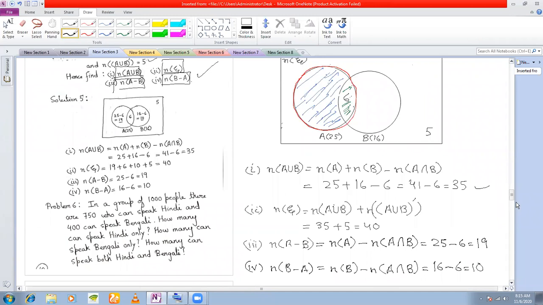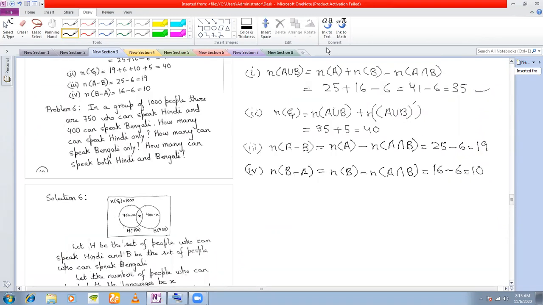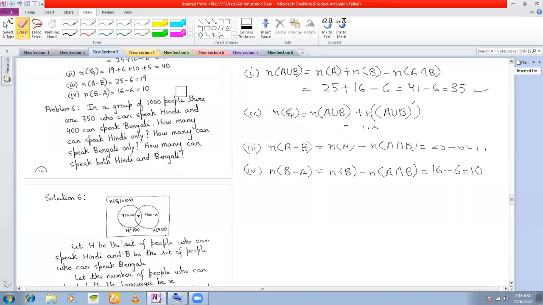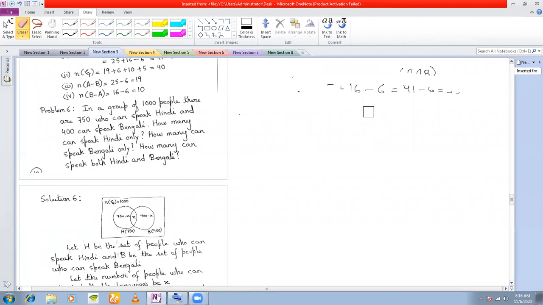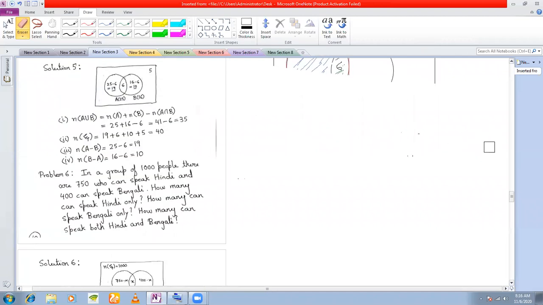Next, very important problem. In a group of 1,000 people, there are 750 who can speak Hindi and 400 can speak Bengali. How many can speak Hindi only? Now, first thing, before going to the question, suppose I speak Hindi and Bengali.